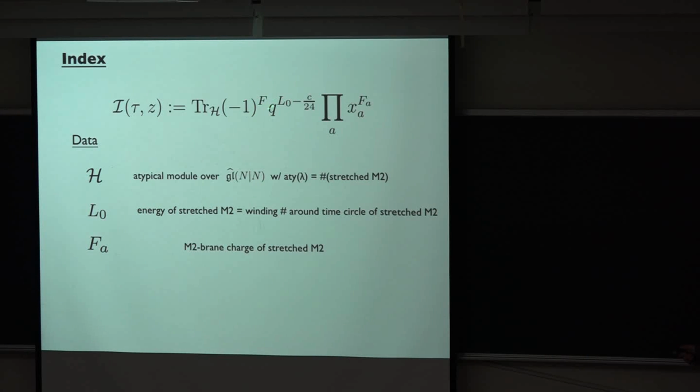F is a Fermi number operator, and L naught is the Hamiltonian. The Hamiltonian is taken as the energy, which with M2 corresponds to the winding number around the time cycle of the M2. Then FA is the generator, taken as the charges, as I showed you, the M2 charges. If we compute these indices, we expect to get a generating function of the degeneracy of the BPS states consisting of M2 and F5.